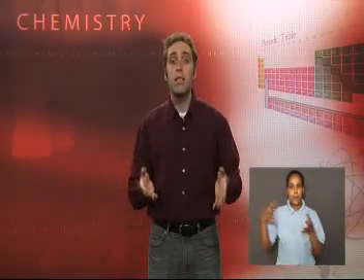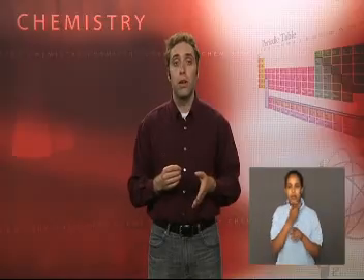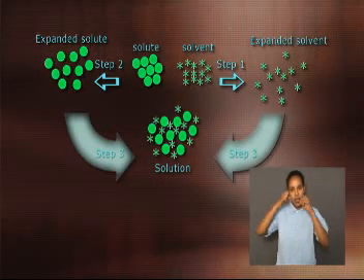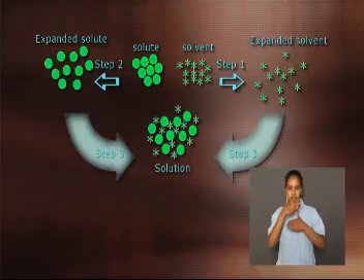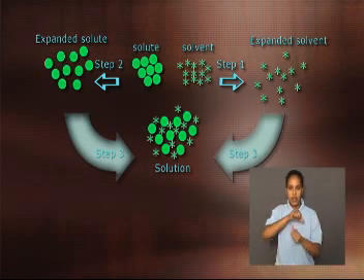There are also strong forces of attraction between solute and solvent particles. This makes for easy solubility and helps to keep particles in solution rather than settling. The solution process can be shown in 3 steps. First, the solvent molecules separate from one another to make room for the solute particles.